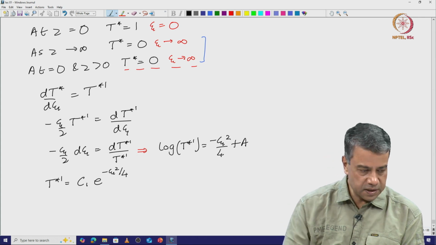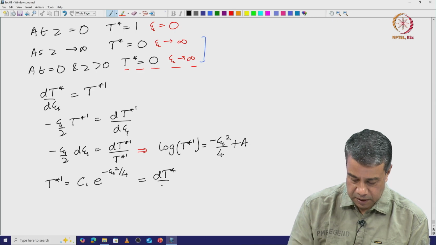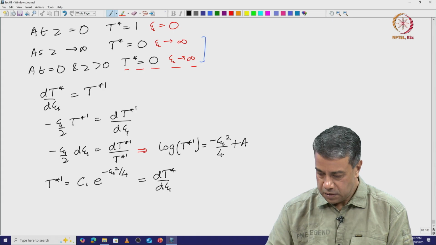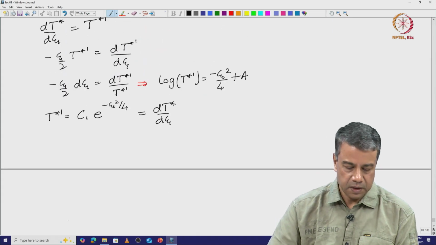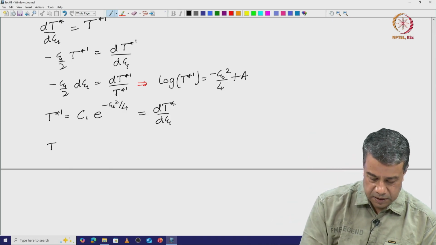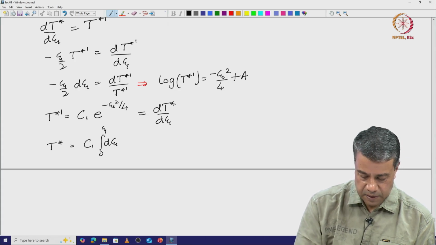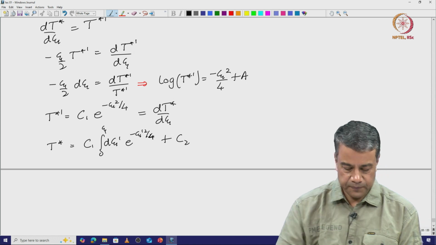So, T star prime, the variable that I defined newly, was dT star by d psi, is equal to C1 e power minus psi square by 4. Integrating this again, T star is equal to C1 integral 0 to psi d psi prime e power minus psi prime square by 4 plus C2.